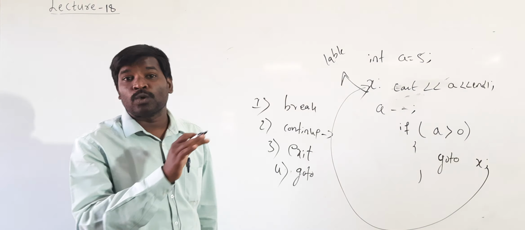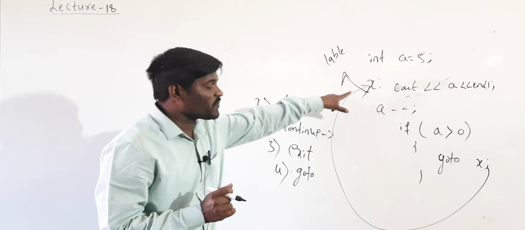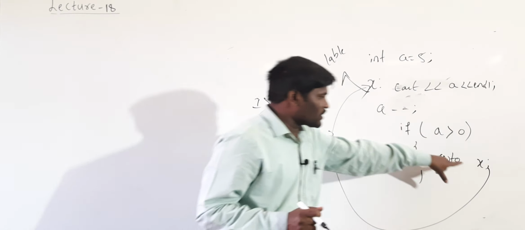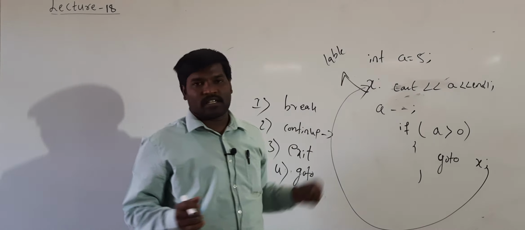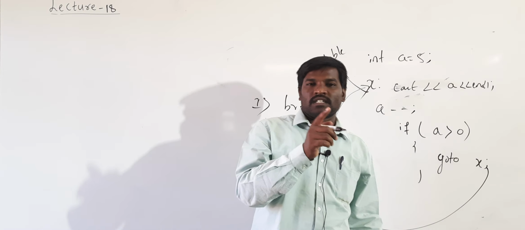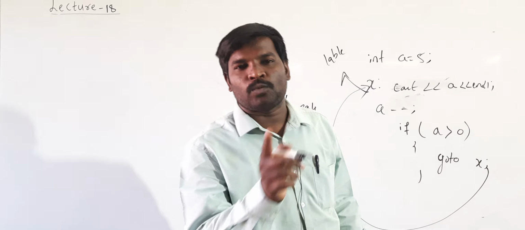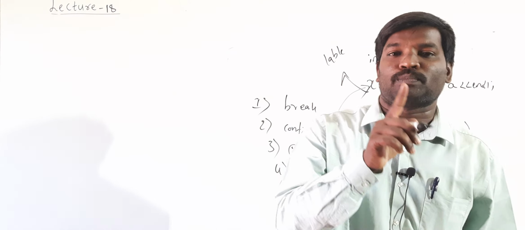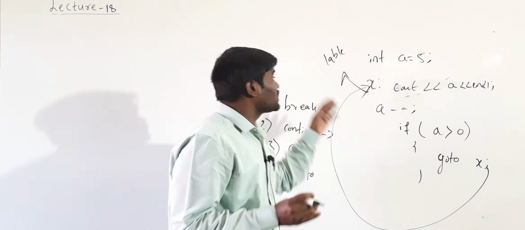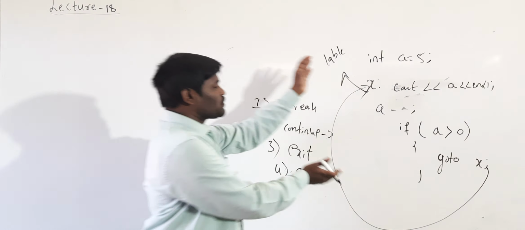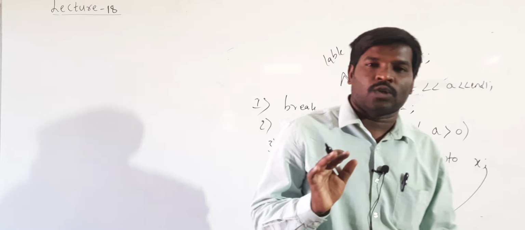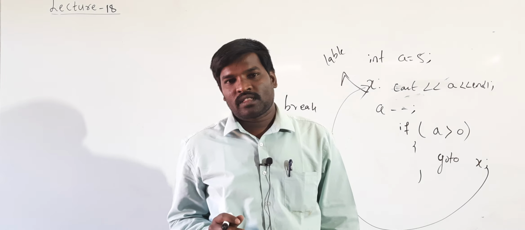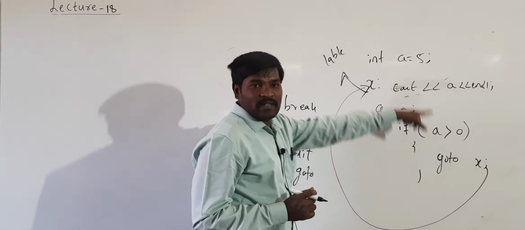Here there is no loop. With the help of goto, the control is here and now it is transferred to here. Goto means it will transfer the control from one position to another position within the program. It must be within the program. If it is a different program, it is not possible to transfer. Again this will execute.